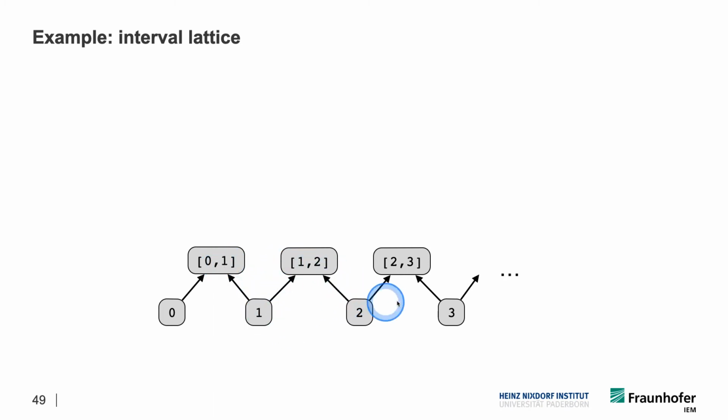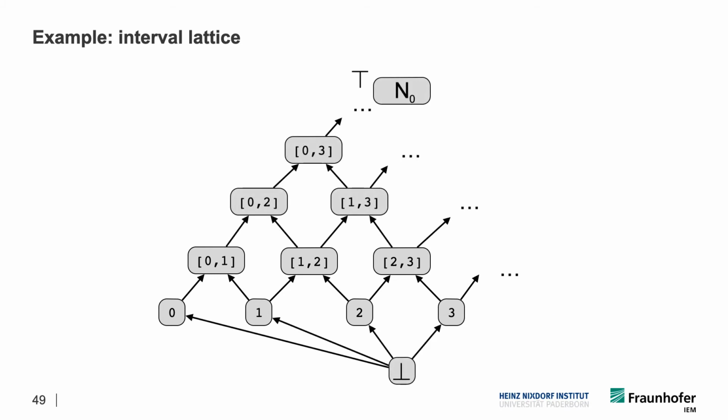We can do that for all the other values that you see here. And then we can continue doing this, right? So we can also merge these two intervals to this one, and they get larger and larger, like you see here. And we can continue doing this and actually forever, right? So this is an infinitely high lattice.